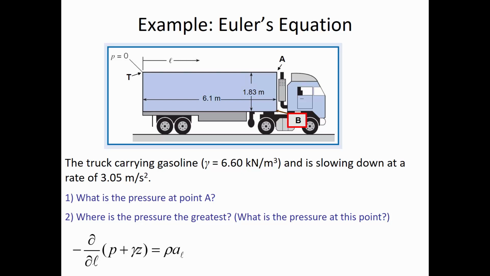The other thing that we know is that the pressure at T is 0, so we can still cancel that out. I'm going to cancel out the gamma ZB term, because Z is 0. So the pressure at B is going to be gamma ZT minus delta x density acceleration in x.